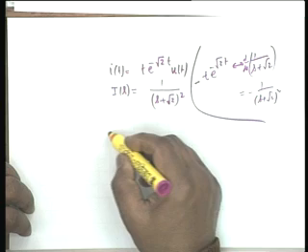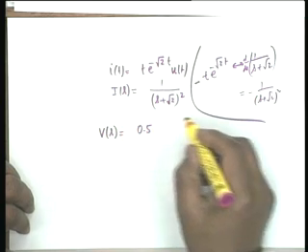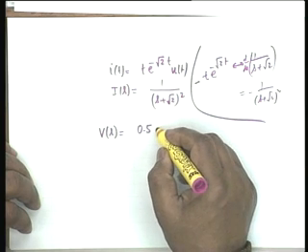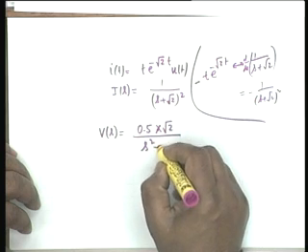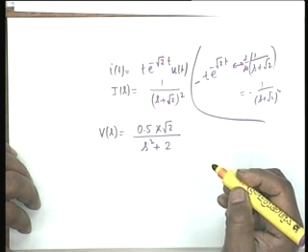And the voltage transform V of s is 0.5, the transform of sin omega t is simply omega divided by s squared plus omega squared, which is 2. Agreed?